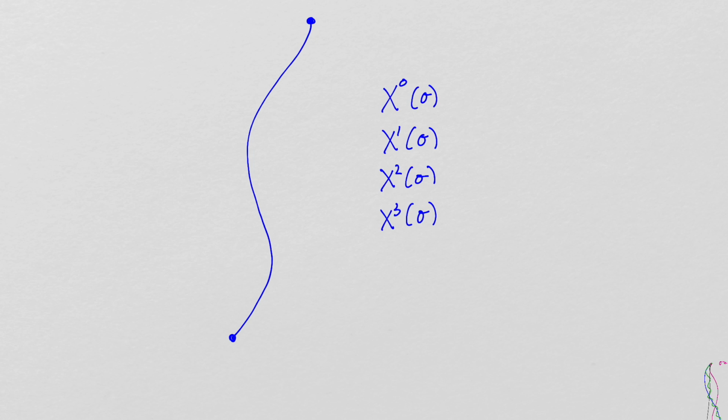So let's begin by drawing a path of a particle through space-time. Right? And this path, we've already pointed out, is given as a function of a parameter sigma. The reason it's a one-dimensional path is you only end up with one parameter sigma here. And the coordinates of any point along this path are given by these four functions.